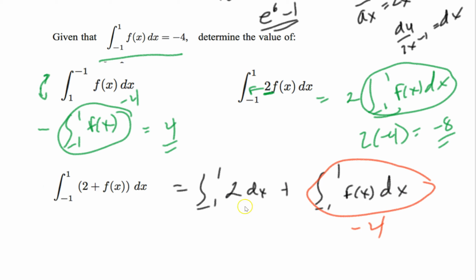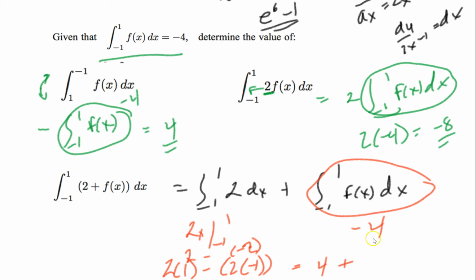This we just have to integrate. The integral of 2 is 2x from -1 to 1, top minus bottom. 2 minus 2 times -1. That'll give me 2 minus -2, so that'll give me 4, plus the -4. And after all that work, we got 0. How about that?